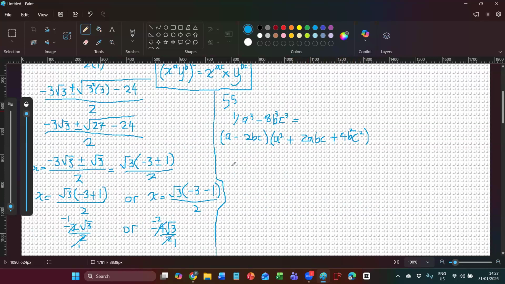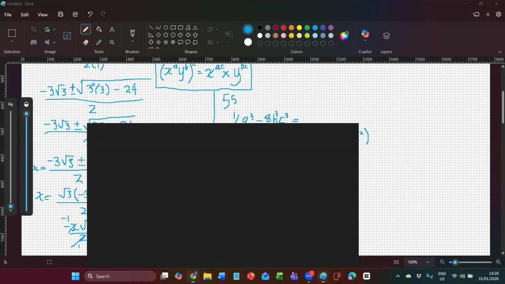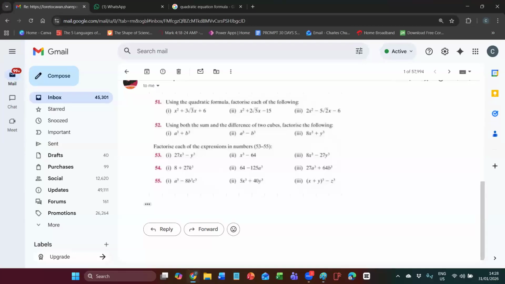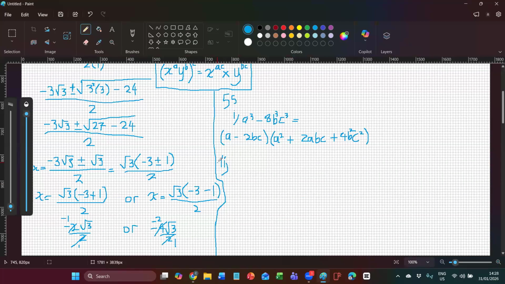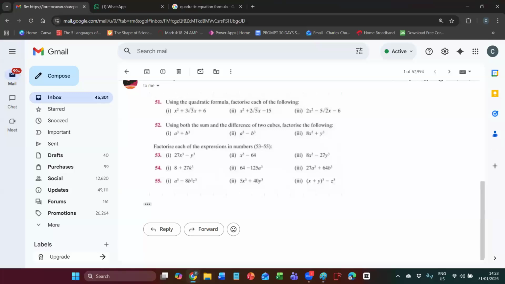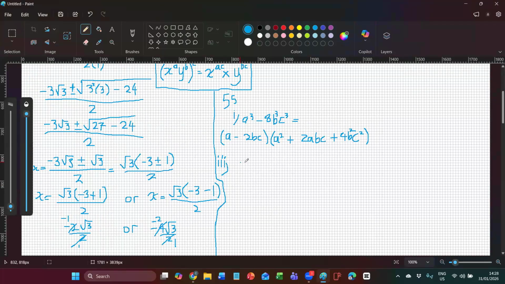All right, so let's go to the next one. The next one is, okay, you said 3, right? Yes, the third one. x plus y all cubed minus z cubed.